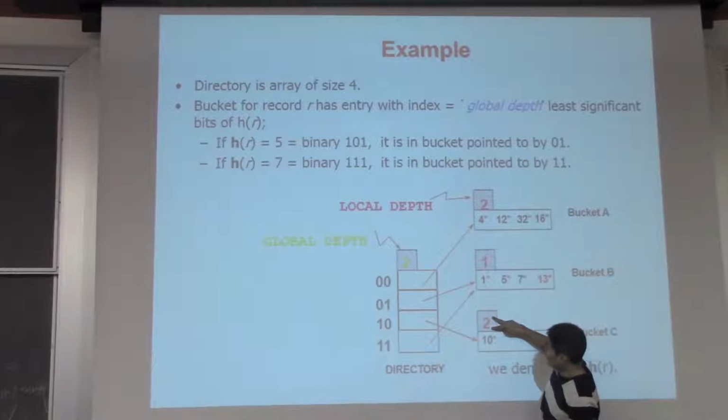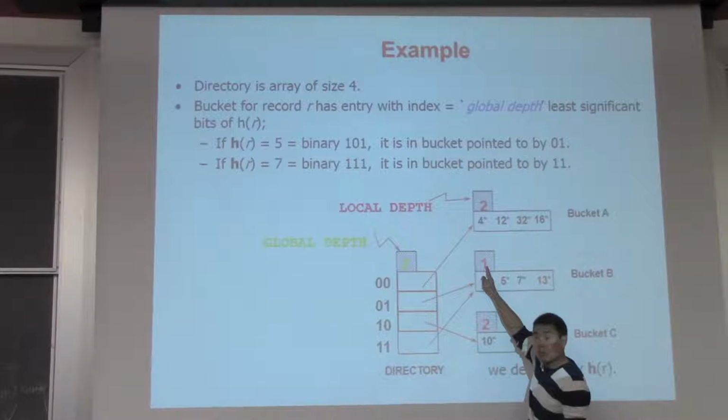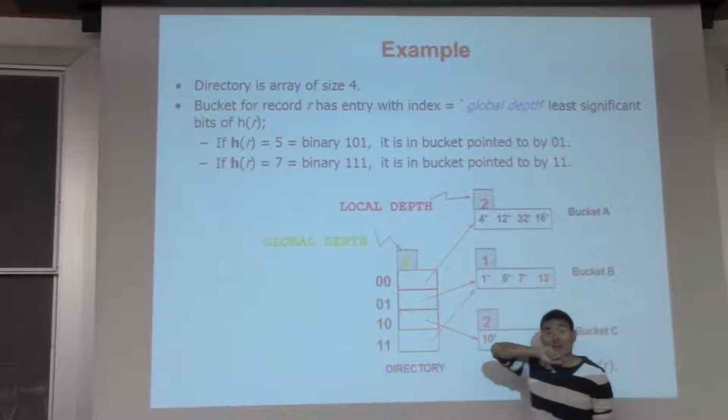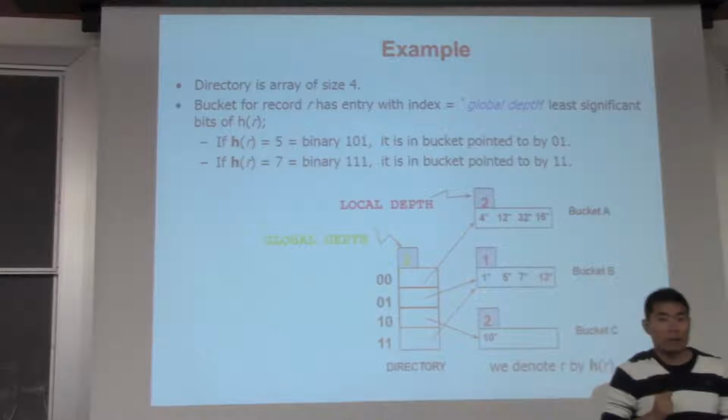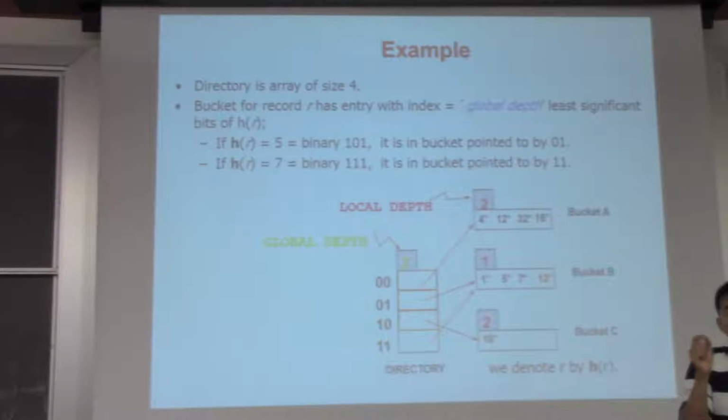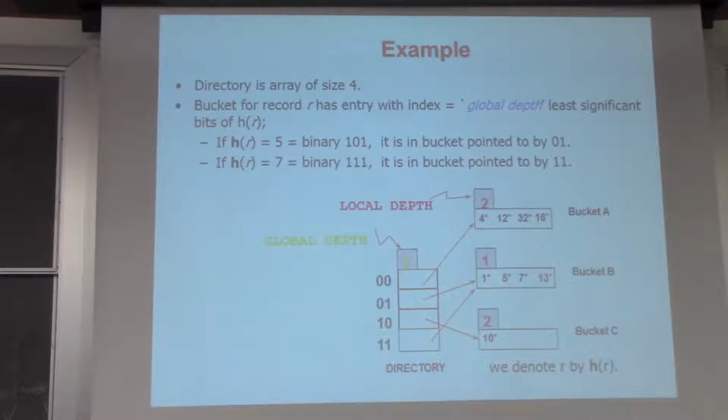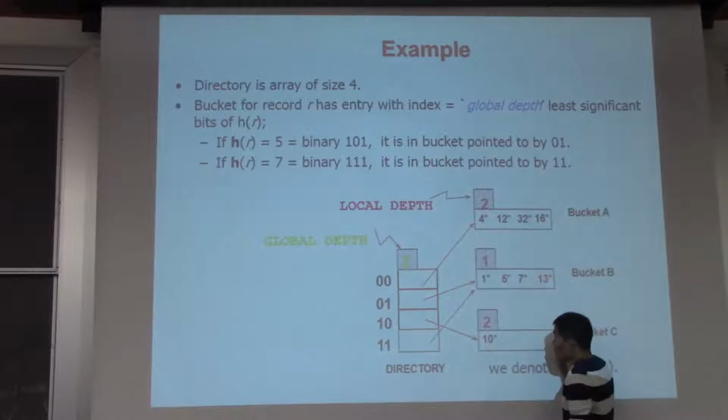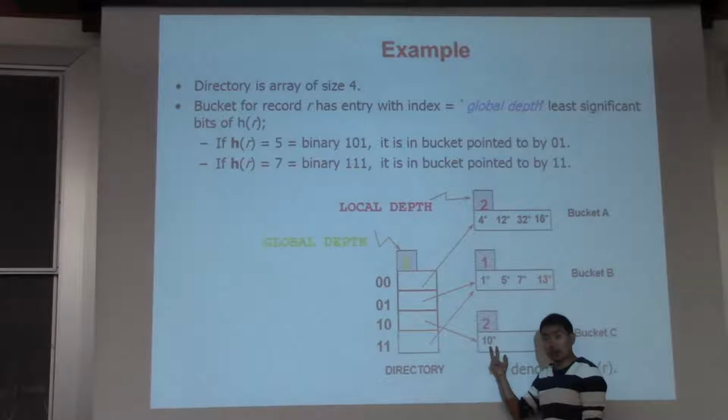So in this case, local depth is 2. In this case, local depth is 1. In this case, local depth is 2. So what's the significance of local depth? Well, local depth tells you how many bits you are using to distinguish entries coming to this bucket. In other words, for entries in this bucket, I'm looking at 2 bits to distinguish them.